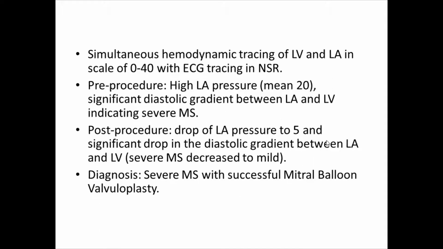So drop of left atrial pressure to 5 and significant drop of the diastolic gradient between LA and LV. Now severe MS decreased to mild. Diagnosis is severe MS with successful mitral balloon valvuloplasty.